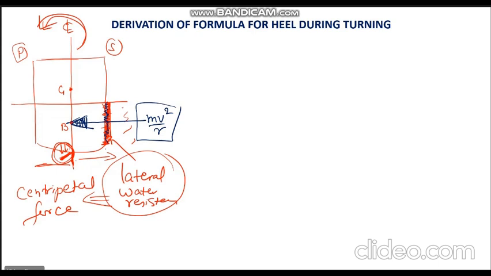Since it's a reaction, it always acts outwards, in the opposite direction, and acts through the center of gravity of the object, whether it is the cyclist, the stone, or the ship.